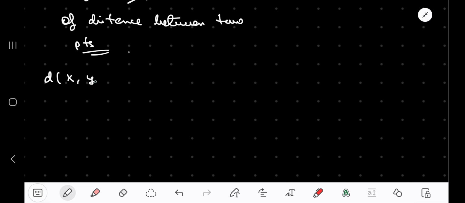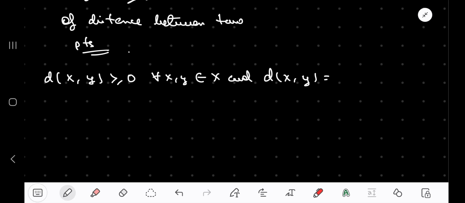Firstly, d(x,y) is greater than or equal to 0 for all x, y in X, because the distance between two points should always be non-negative. And the only possibility when the distance is 0 is if both the points are the same. So d(x,y) is 0 if and only if x equals y.